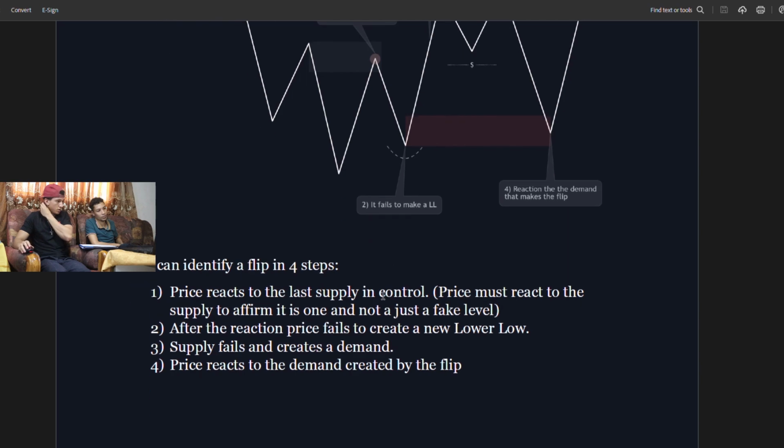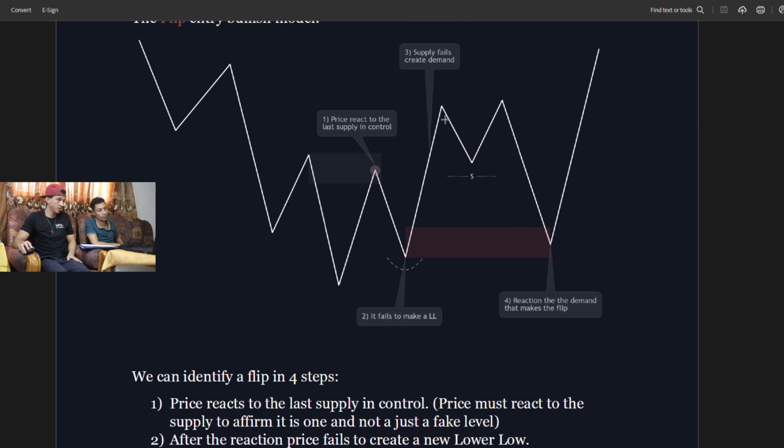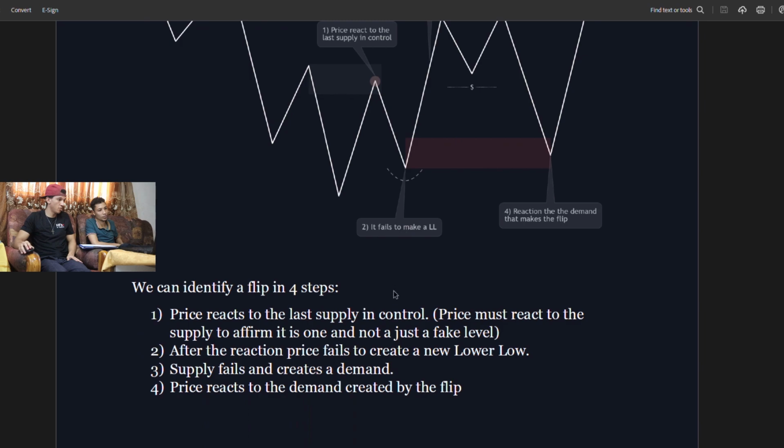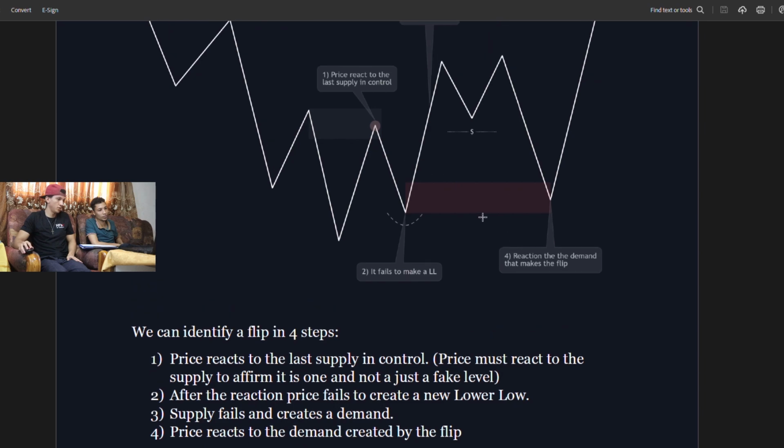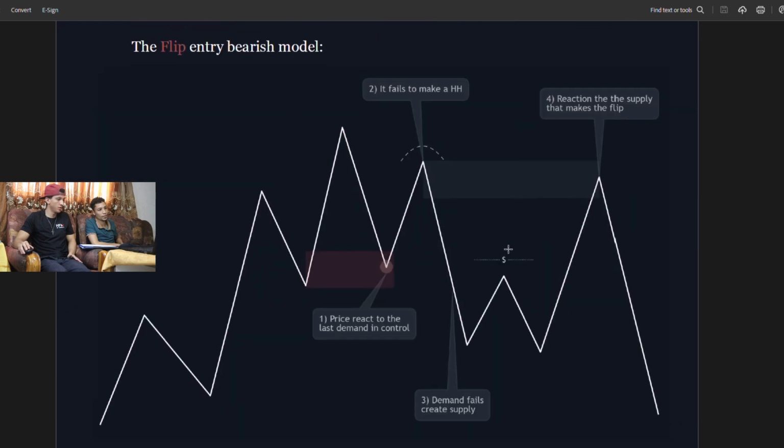Second, after the reaction, price fails to create a new lower low. Supply fails and creates a demand, which is this here. Then price reacts to the demand created by the flip, and that is your entry model. The same applies in a bearish model, as we can see here.